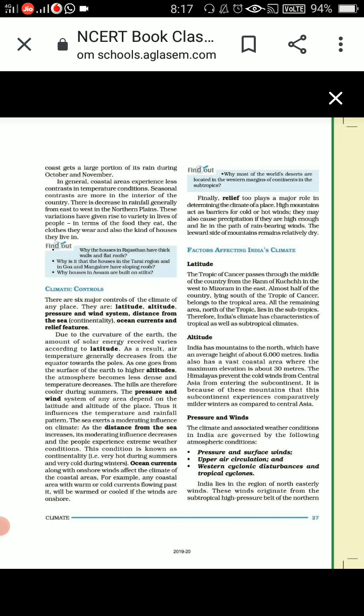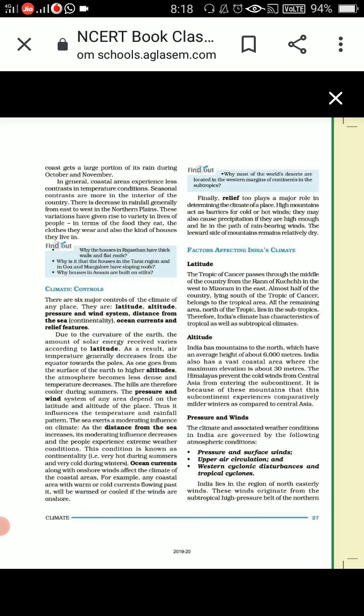This condition is known as continentality, which means very hot during summers and very cold during winters. If you take the example of Delhi, it is very hot in summers and very cold in winters. If you take the example of Mumbai, the climate is always moderate.